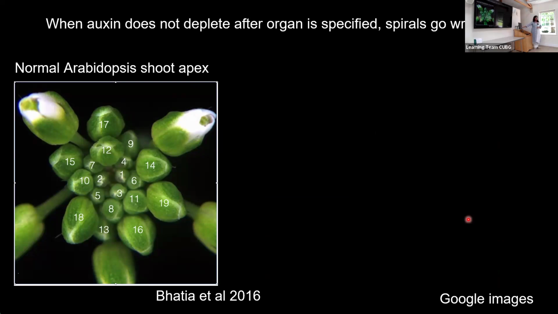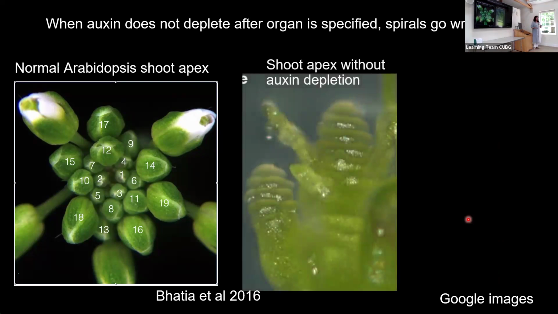This is the normal Arabidopsis shoot that has given rise to separated flowers here. When auxin drainage is not happening, you see that it gave rise to organs that were running like a spiral band all around the tissue, with no separated flowers forming.